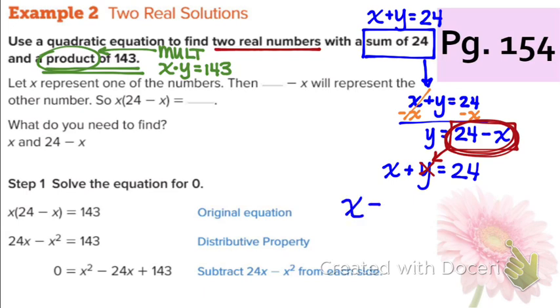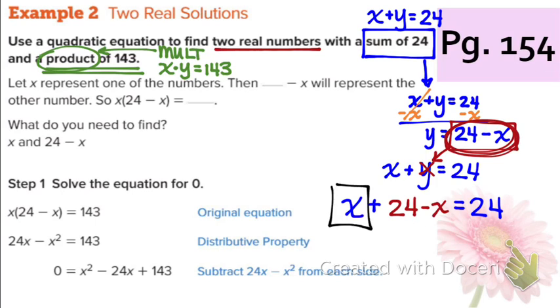So x plus 24 minus x equals 24. What happens if I do x minus x? Cancels out, so that'd be 24 equals 24, right? So we have something that's true.